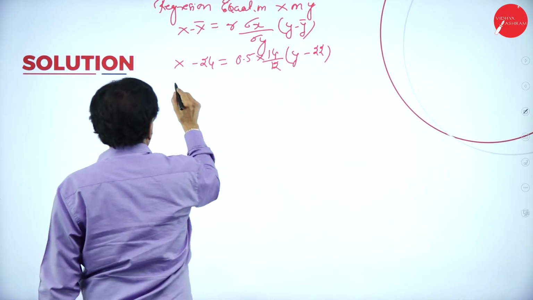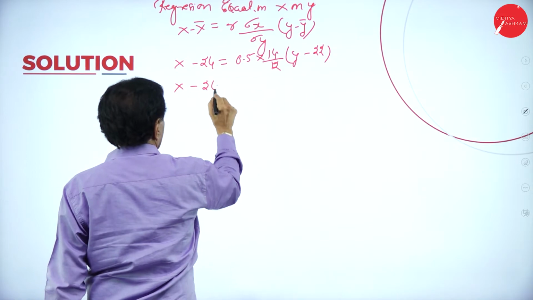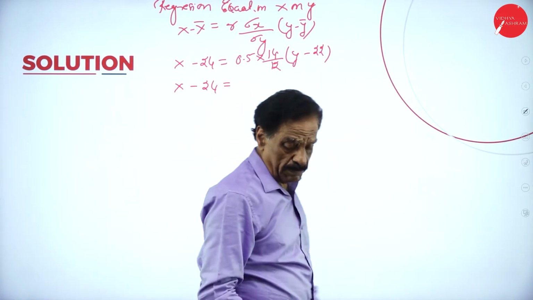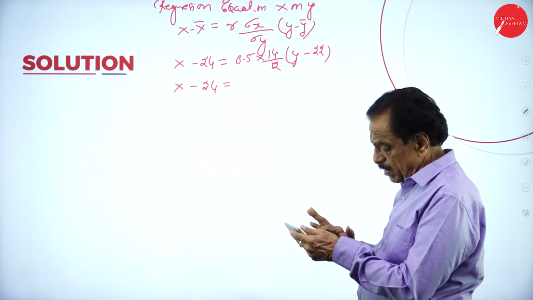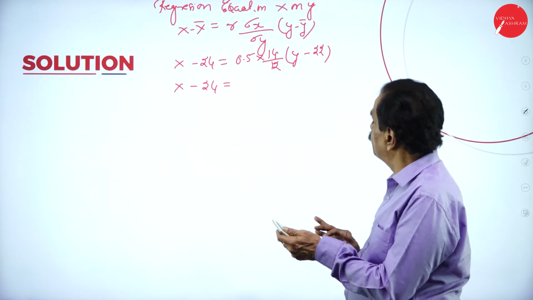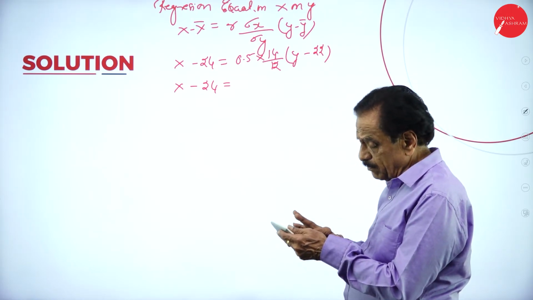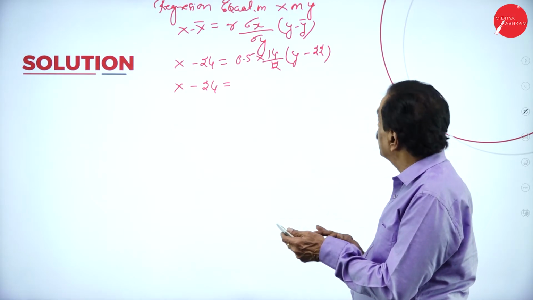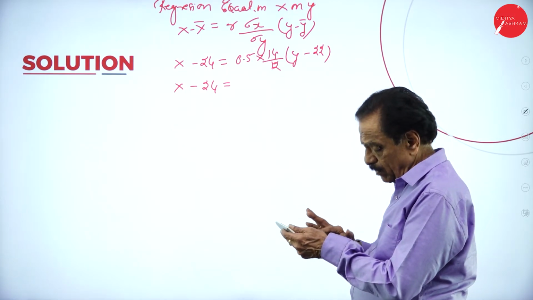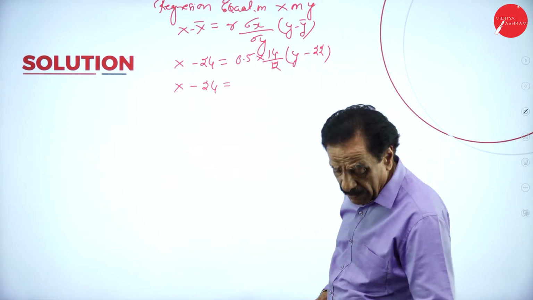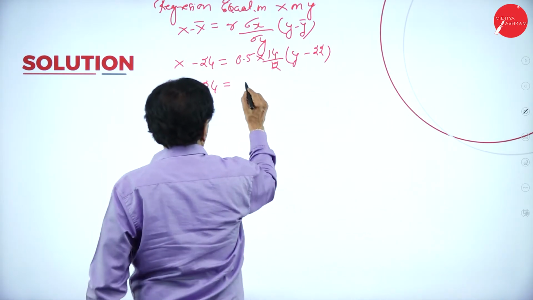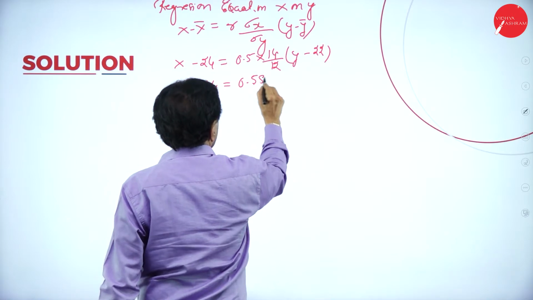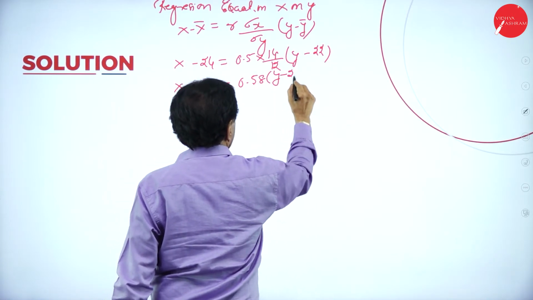So x minus 24. Simplify this: 0.5 into 14 divided by 12 is 0.583, we can take 0.58, into y minus 22.